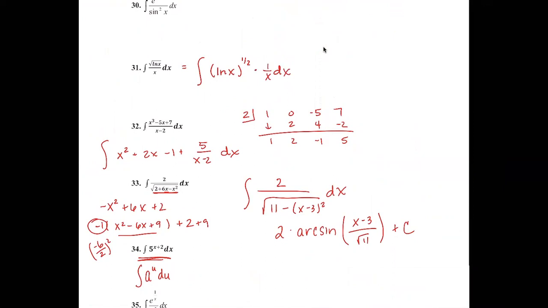You would make your u the ln of x, and your du then is your 1 over x dx, which is already there. So then you're really integrating u to the 1/2 du, which would be u to the what power? The 3/2 power, and your coefficient would be 2/3. 2/3 plus c, and then plug it back in. So it'd be 2/3 ln of x to the 3/2 plus c.